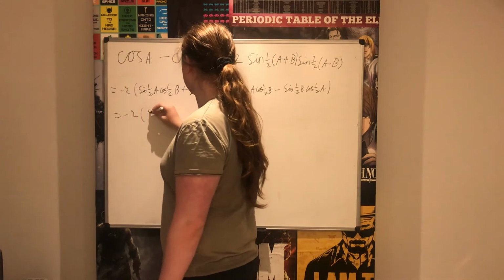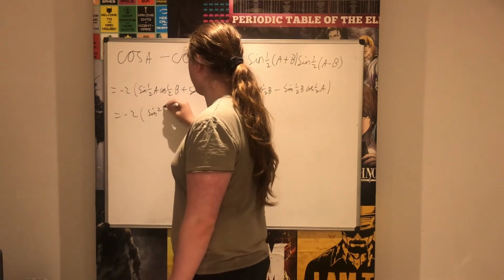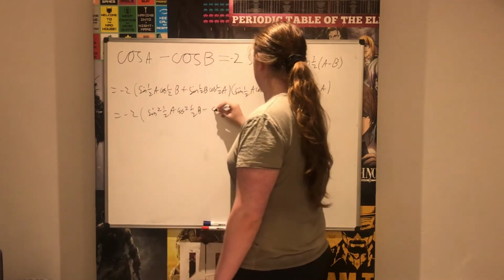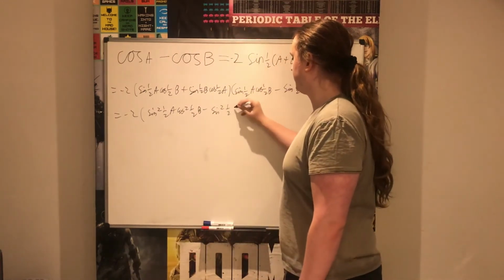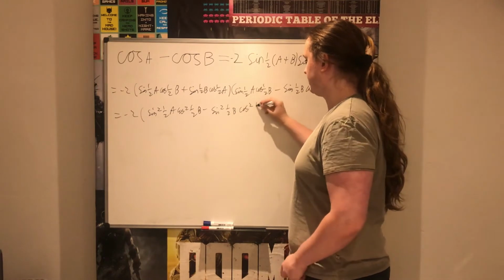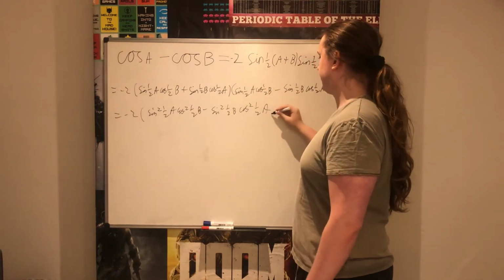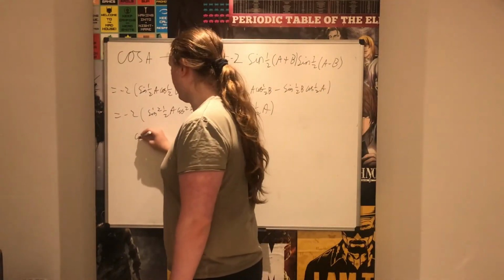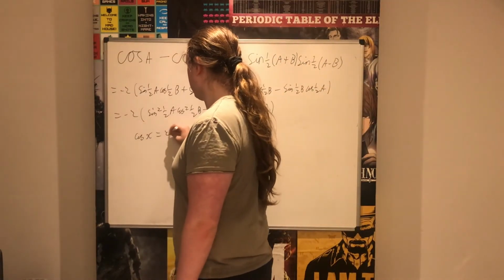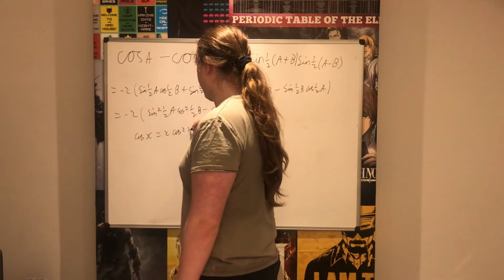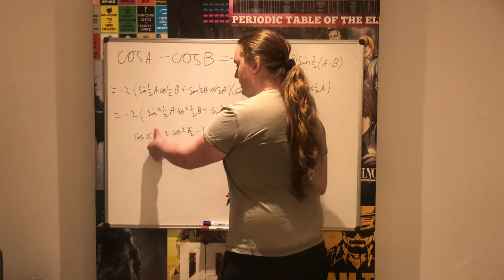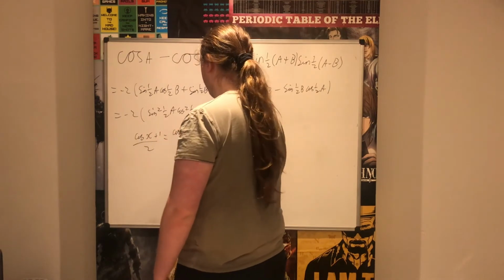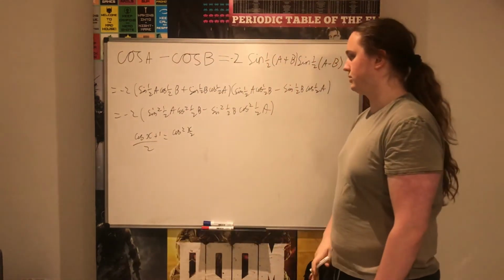And so this is minus 2 times sine squared of a half a cos squared of a half b minus sine squared of a half b cos squared of a half a. And now from here we know that cos of x equals 2 cos squared x over 2 minus 1, and so rearranging gives cos x plus 1 over 2 equals cos squared x over 2.